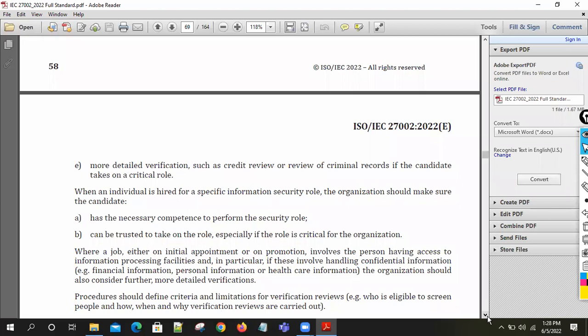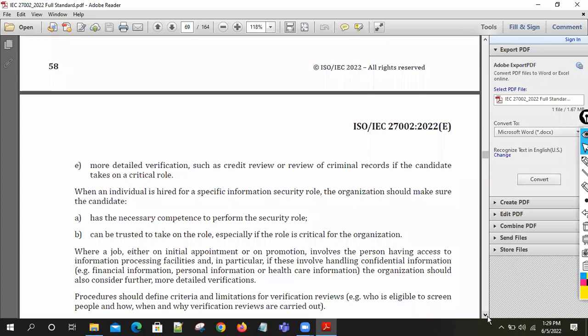Criminal background, you can also try to verify the criminal background. Competence to perform the security role: if you are hiring for an information security position, whether he or she is competent enough to do the job. This is also going to be verified.